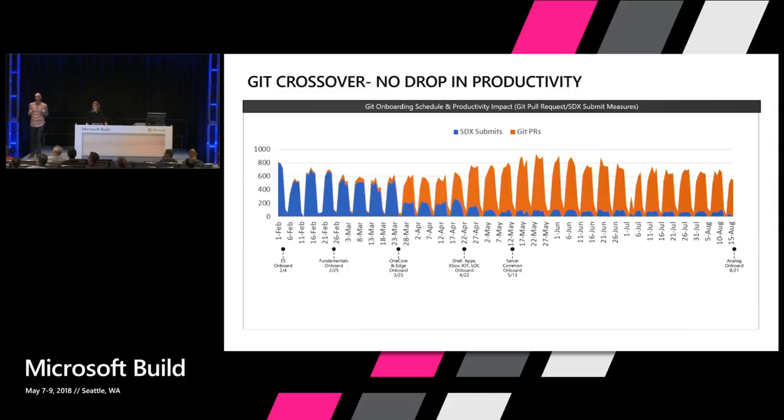The most impressive thing to me, watching Windows adopt Git, moving all of those developers into a completely new version control system, was that they were able to just pick up and move over. Obviously, we moved some teams in as a trial run to test everything out, to get everything ready. But you can see the big switchover moving from blue to orange when the majority of teams adopted Git.